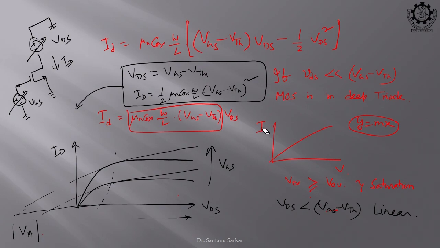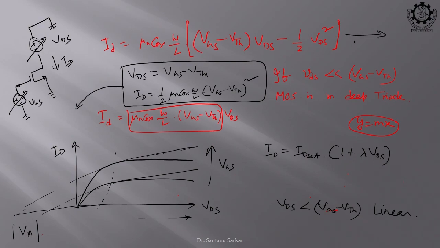So, what we will do is, this same expression, ID should be ID sat into 1 plus lambda VDS. So, now my current, if VDS is increased, my current will also increase. Okay. So, from the expression we can model it for all the regions. Okay. So, this is our total current equation.